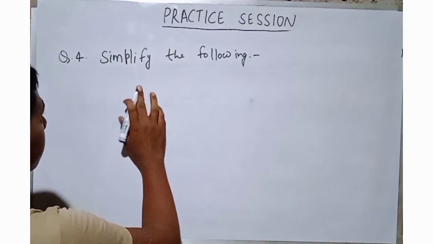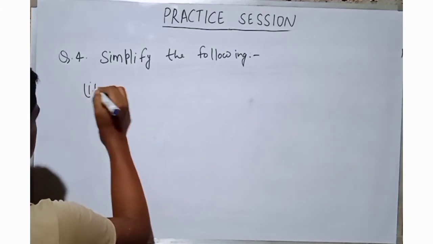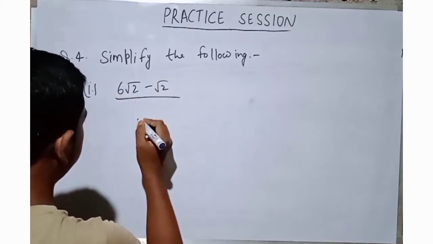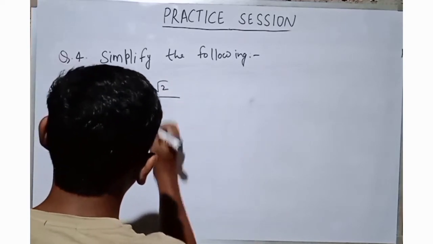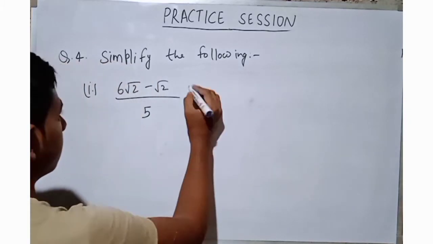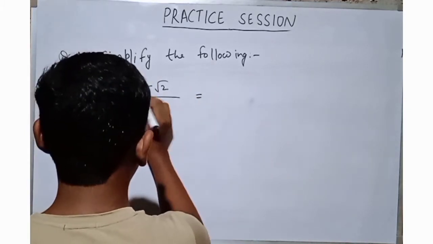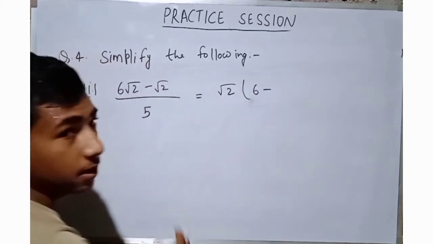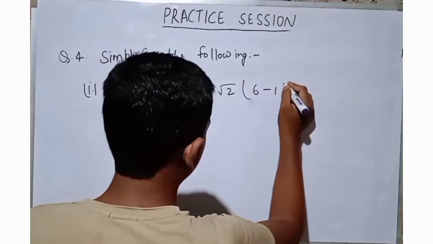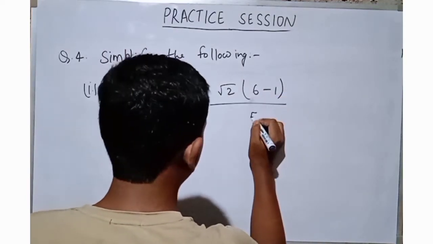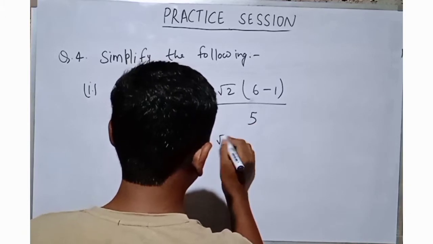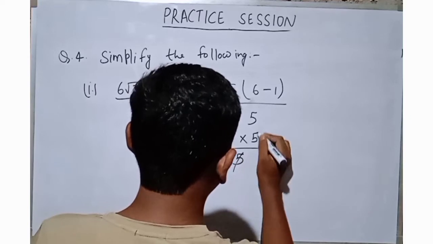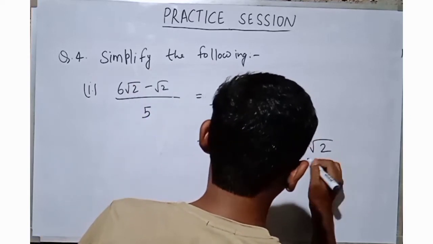So see here, first is 6 root 2 minus 2 divided by 5. Okay, so see here, if root 2 is common, it will be root 2 into 6 minus 1, and divided by 5. 6 minus 1 will be 5, so divided by 5, the answer will be root 2.